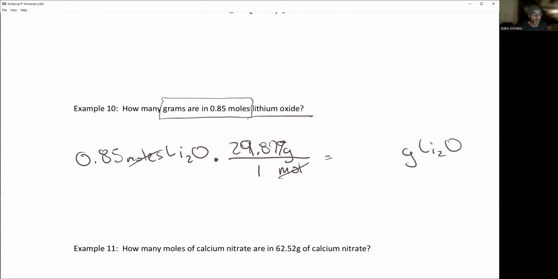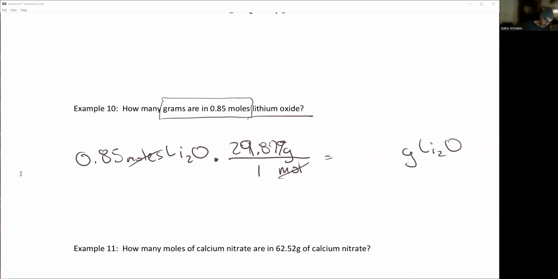Okay. So how many grams do I actually have? So I'm just simply taking that value and multiplying across the top. So 0.85 times 29.879.